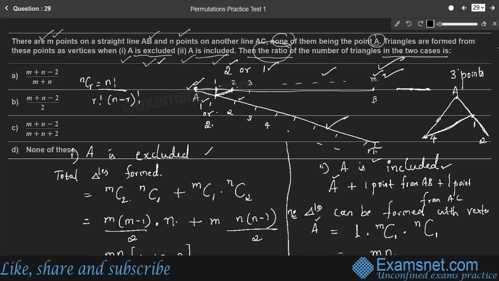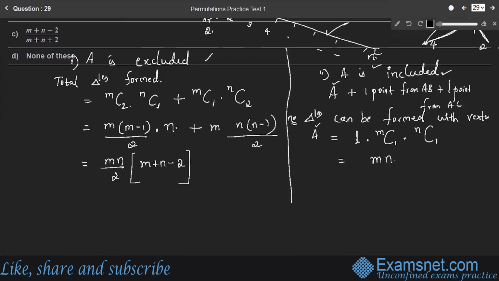Without vertex A also, you can form a number of triangles, which is nothing but when A is excluded. Without vertex A, you can form mn by 2 into m plus n minus 2.